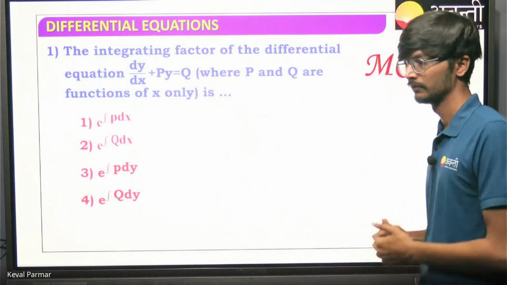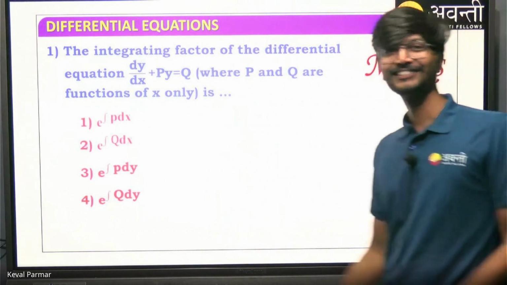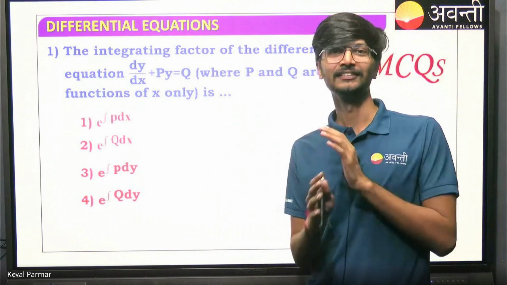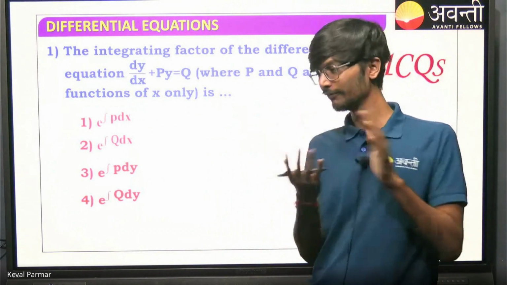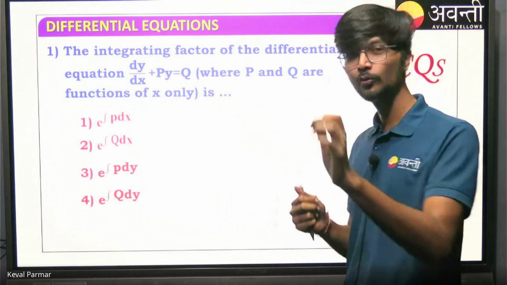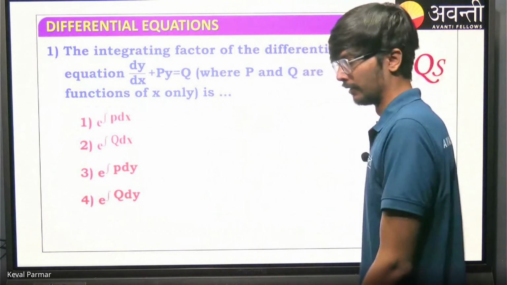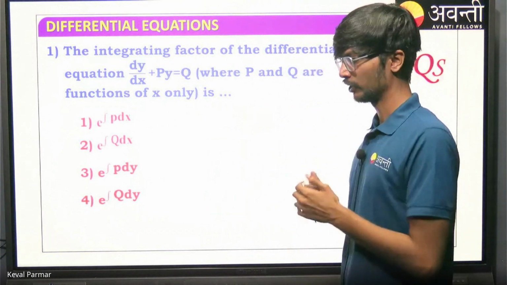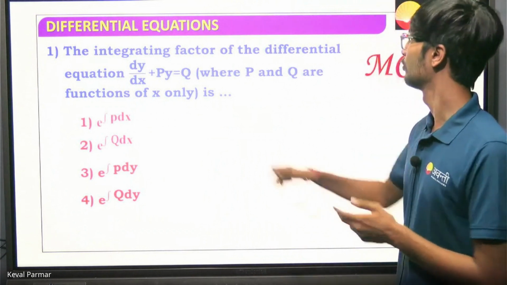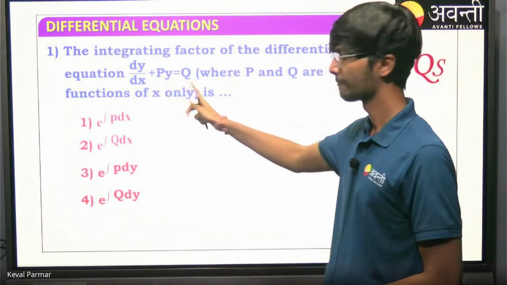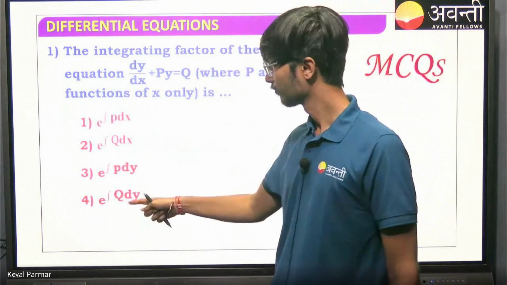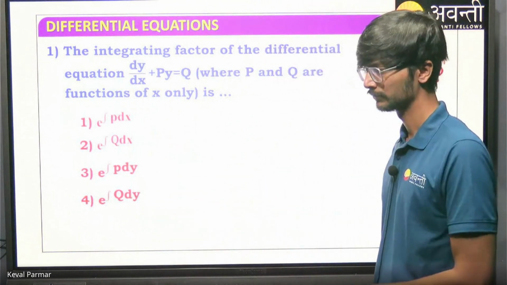Read the question. This is just to revise what we studied just now, 2 minutes earlier. So, which option is it, guys? We have to find the integrating factor of this. Come on.